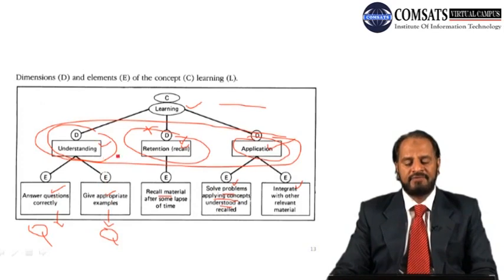So while asking a straightforward question, have you been able to learn, two different individuals might give completely different answers from two different perspectives. One might focus on retention, while the other might focus on understanding. And while you're trying to accumulate and see how well the individuals were able to learn the lesson, you will get different data, because the individual answering a very simple question, have you been able to learn, might focus on two different things or three different things.